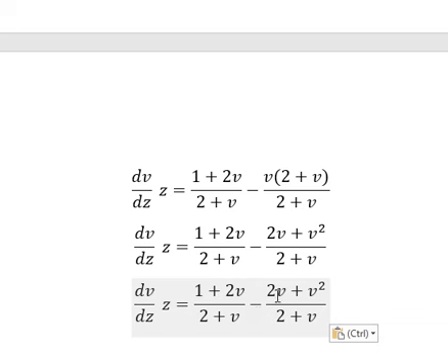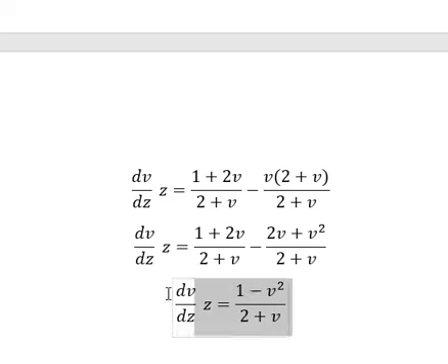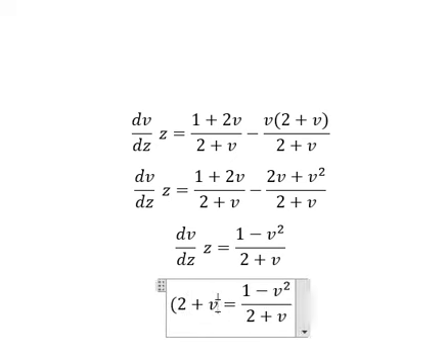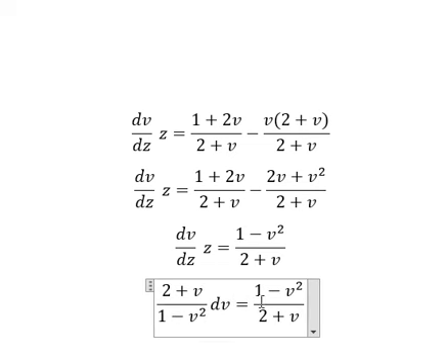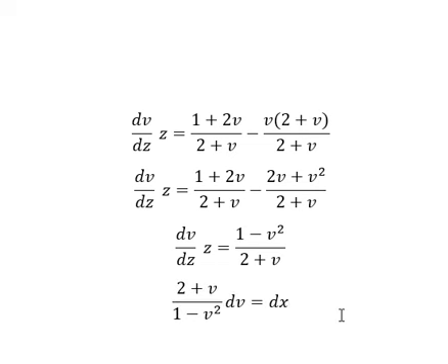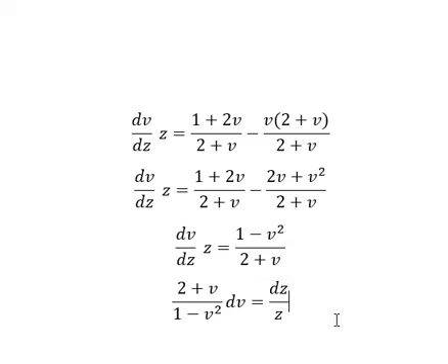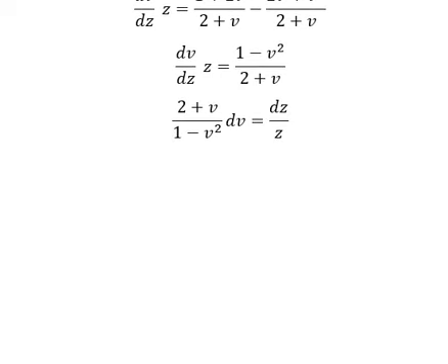So 2v minus 2v we cancel. This one we have negative v squared. And now I will put this one go to the left. Next, we put the integration for both sides.